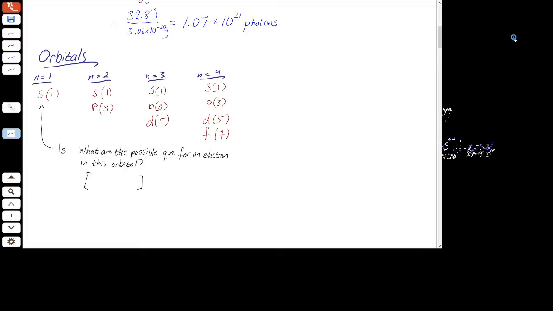What's n? N's got to be 1 because it's the 1s orbital. L's got to be 0. ML's got to be 0. And what about MS? Yeah, plus or minus 1/2. So there's basically 2 sets of possible quantum numbers for an electron in that orbital. It can either be 1, 0, 0, 1/2 or 1, 0, 0, minus 1/2.